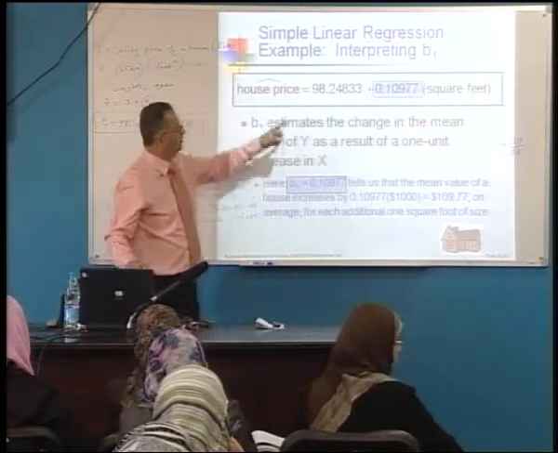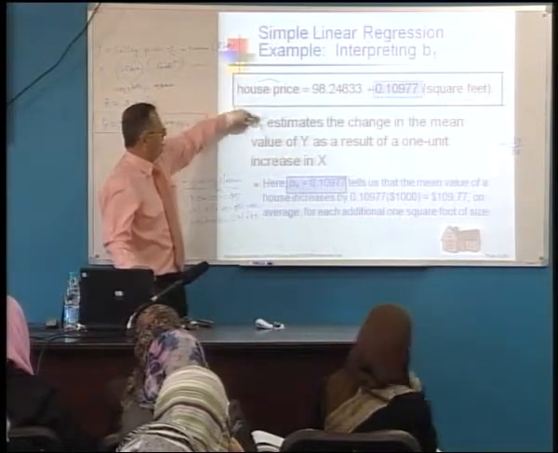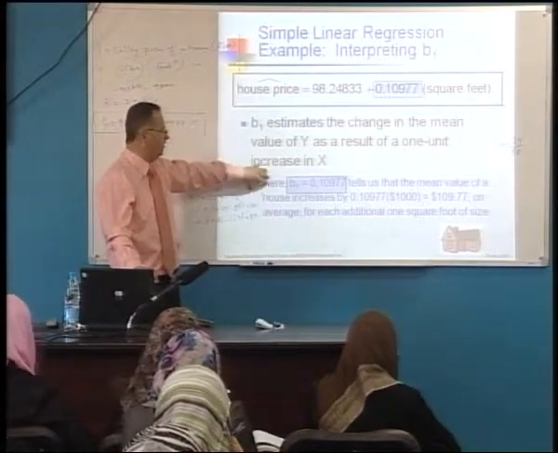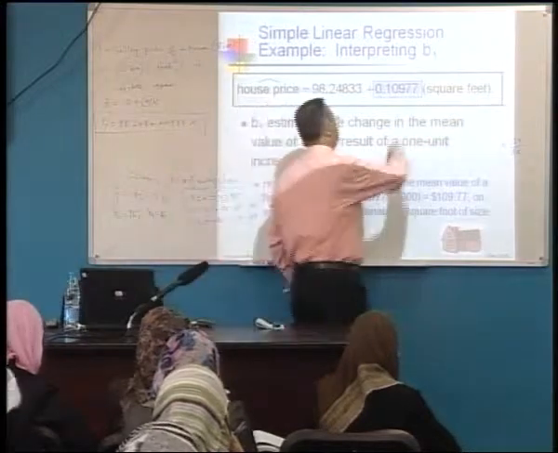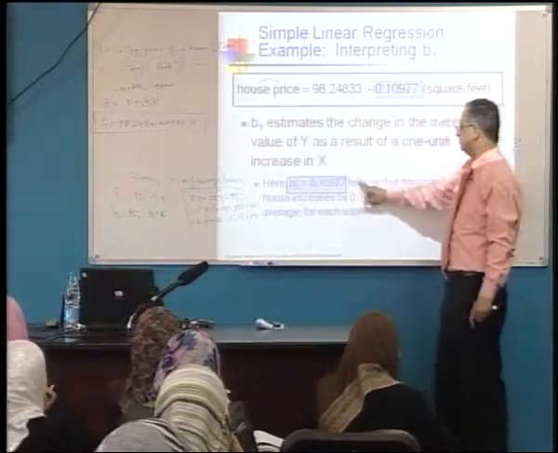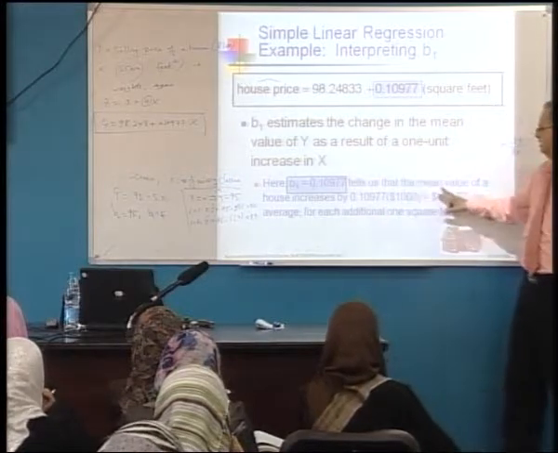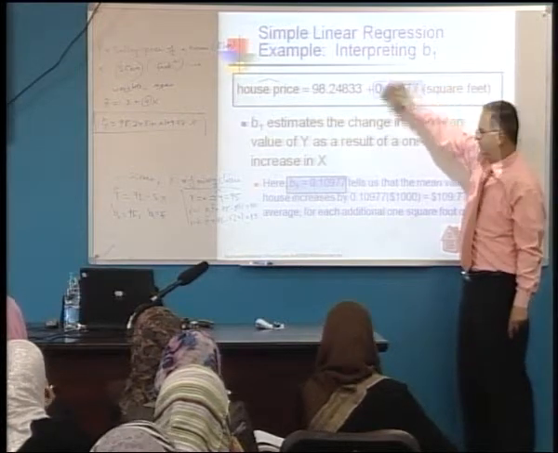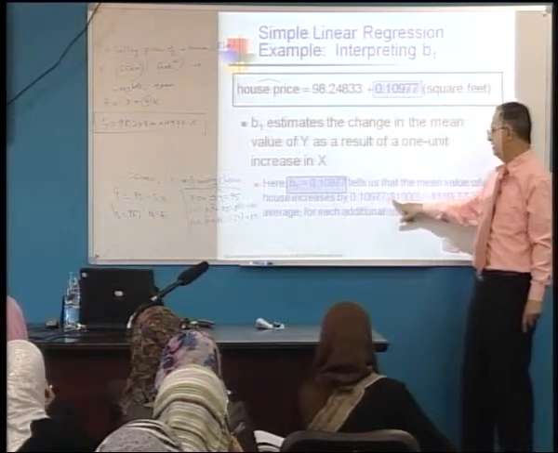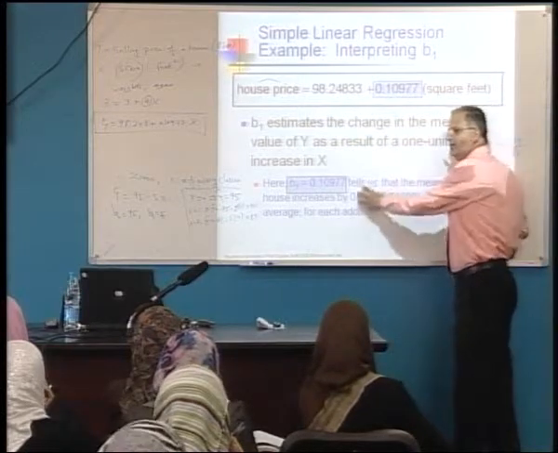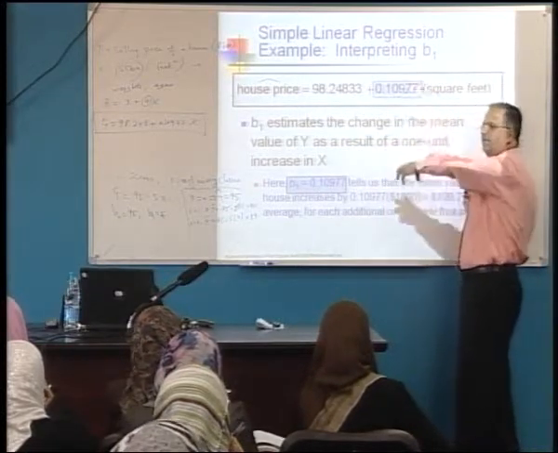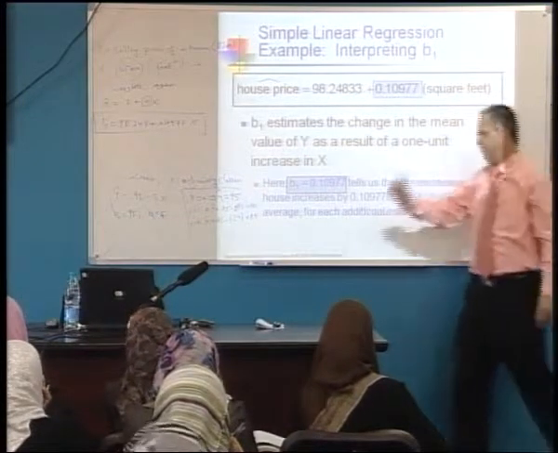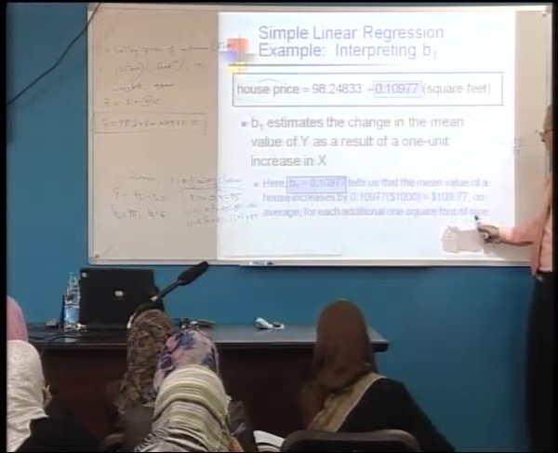But B1, which is 0.1097, estimates the change in the mean value of y as a result of 1 unit increase in x. So this value tells us that the mean value of a house increased by 0.1097, but we have to multiply this value by 1,000 because the data was in $1,000, so around 109 on average for each additional 1 square foot of size.